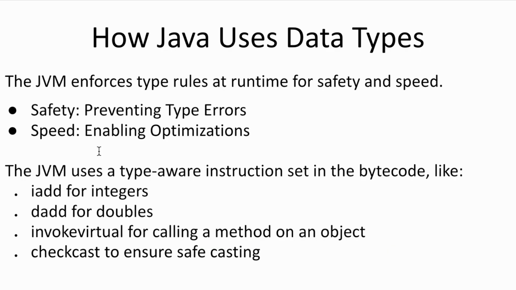The JVM enforces type rules at runtime for safety and speed. Java's type system starts at compile time, but it doesn't stop there. The JVM enforces type rules at runtime to ensure that your program runs safely, avoids illegal operations, and stays fast and efficient. First, for safety, preventing type errors.